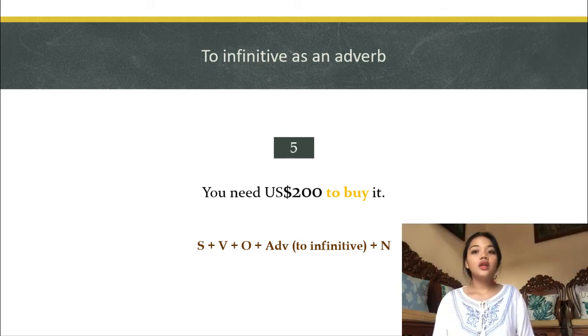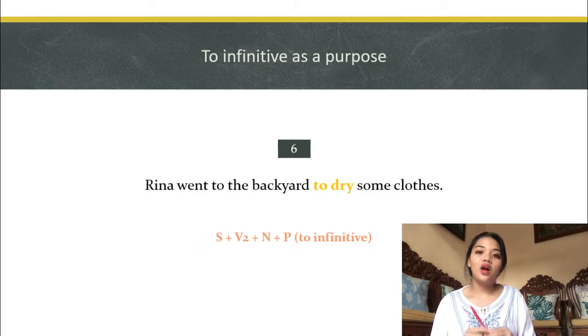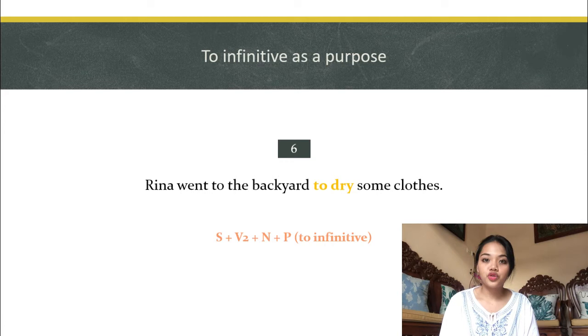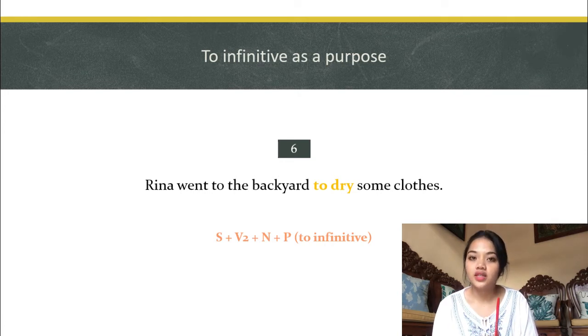I hope you understand. Well, the last example of to infinitive is Rina went to the backyard to dry some clothes. Rina went to the backyard to dry some clothes. Okay, to dry here is the infinitive.